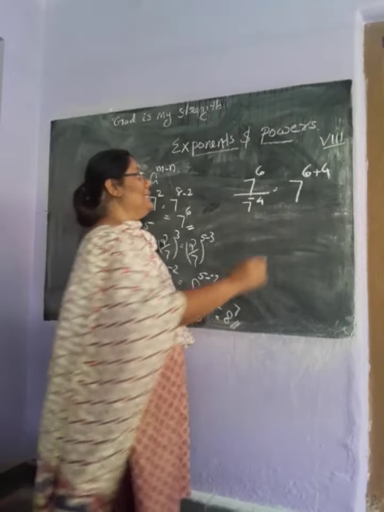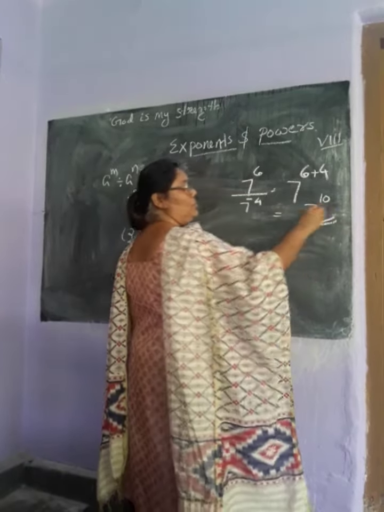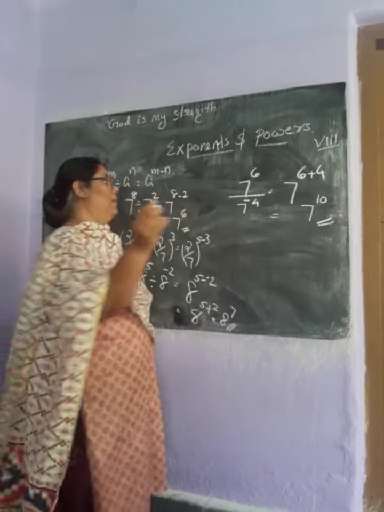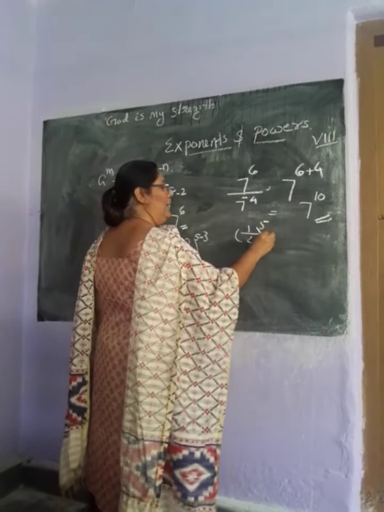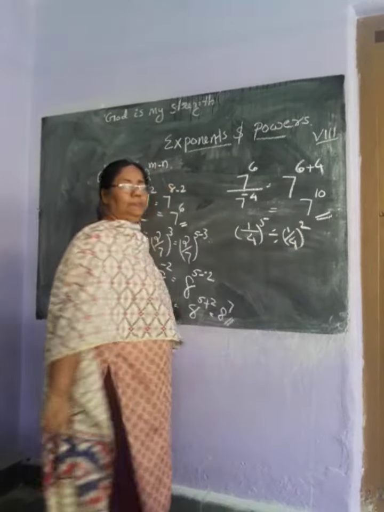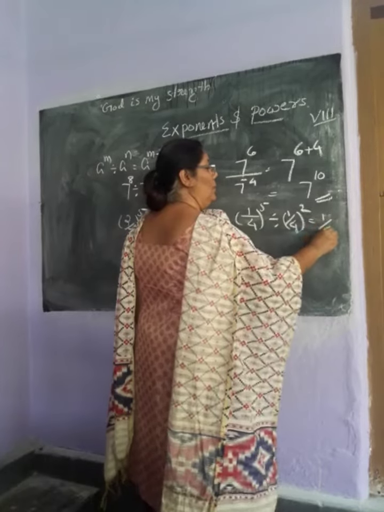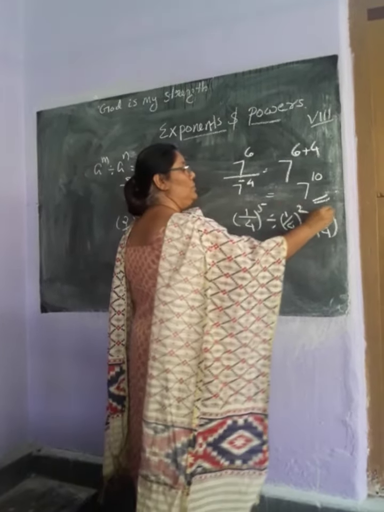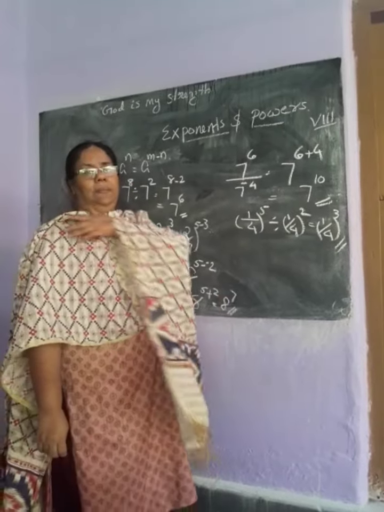Therefore, what is the answer? 7 raised to 6 plus 4 is 7 raised to 10. Understand? One more example. 1 by 4 raised to 5 divided by 1 by 4 raised to 2. Say the answer. 1 by 4 raised to 5 minus 2, that is 1 by 4 raised to 3.